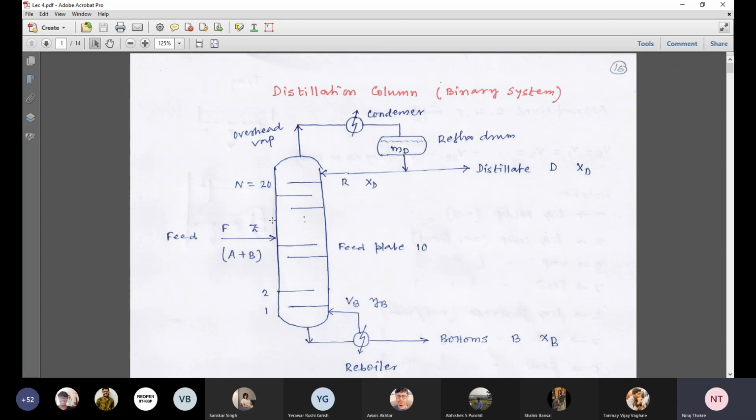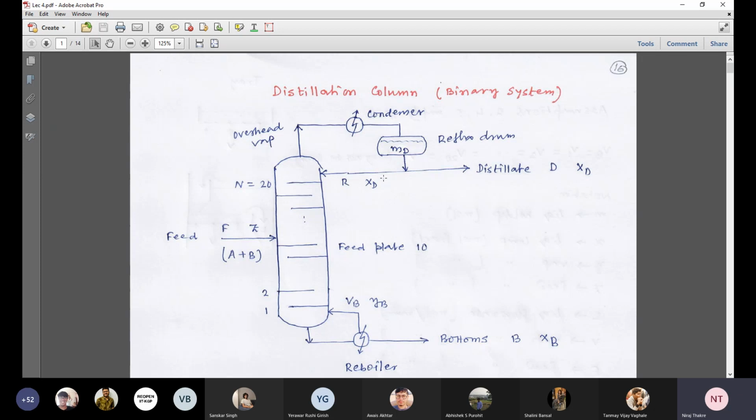At the top section, we usually get C1 and C2 components. C1 means methane, C2 means ethane, or their unsaturates. Next to the top, we get C3, C4, that is, LPG, liquefied petroleum gas. There are certain other components also present, but LPG is dominated by C3 and C4.